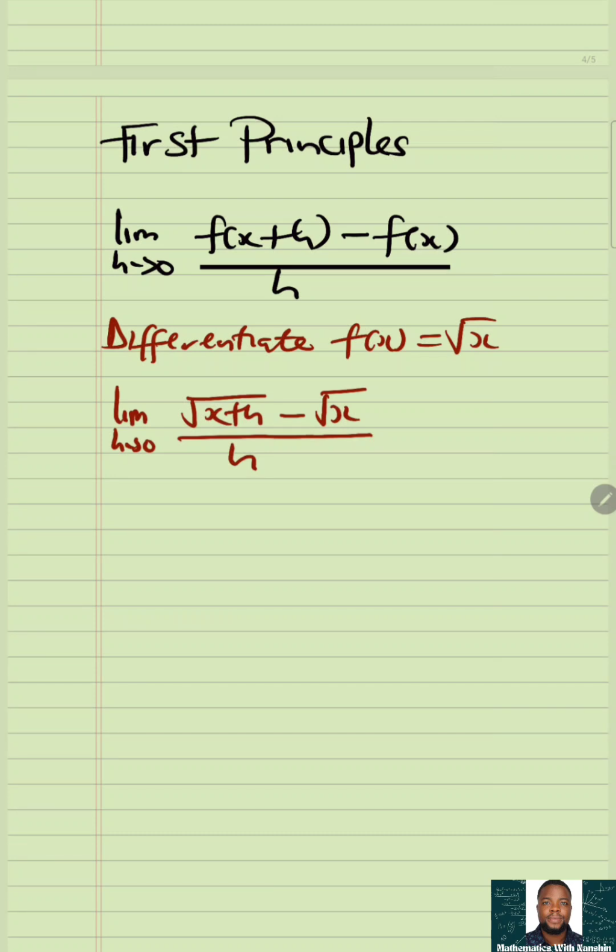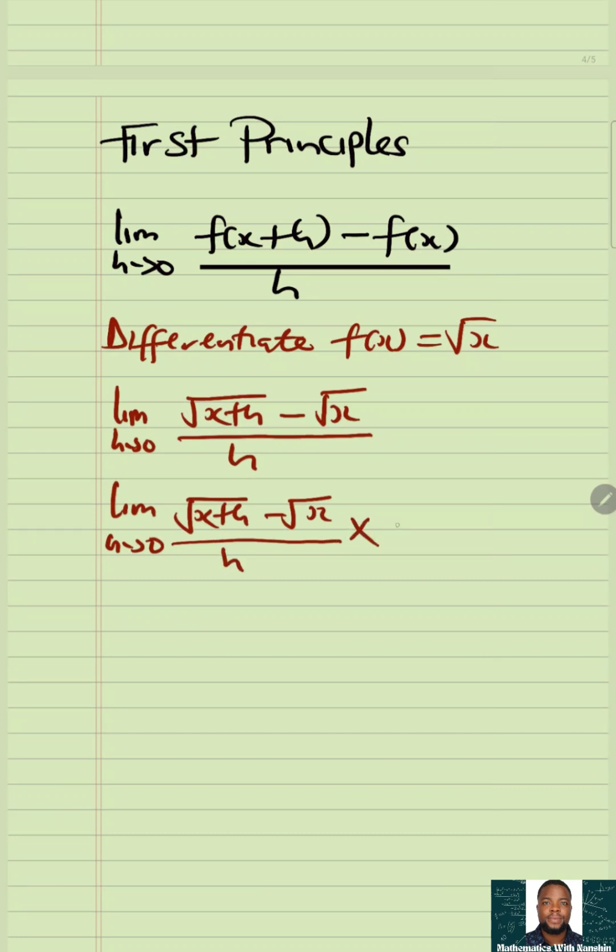Now the next thing you're going to do is, since this is in surd form, you get the conjugate of this surd, and you multiply the numerator and denominator by the conjugate. We're actually rationalizing the surd. So we have the limit as h approaches 0 of root of x plus h minus root x all over h.